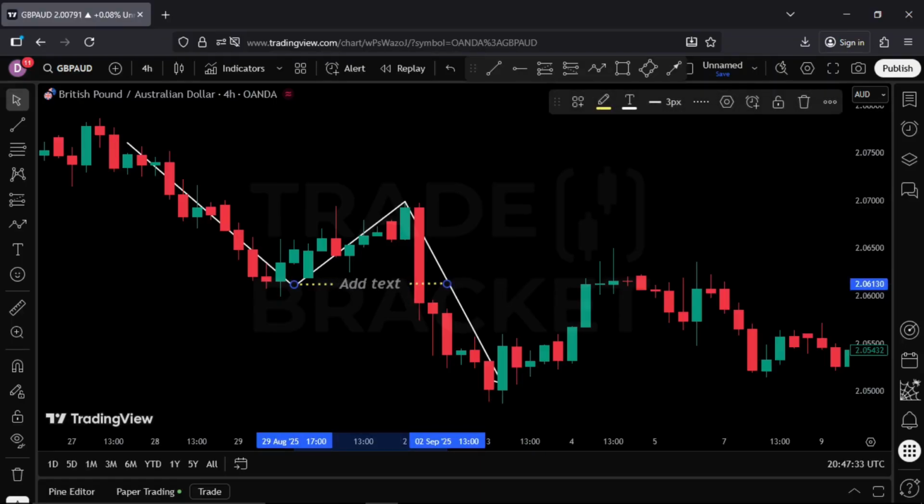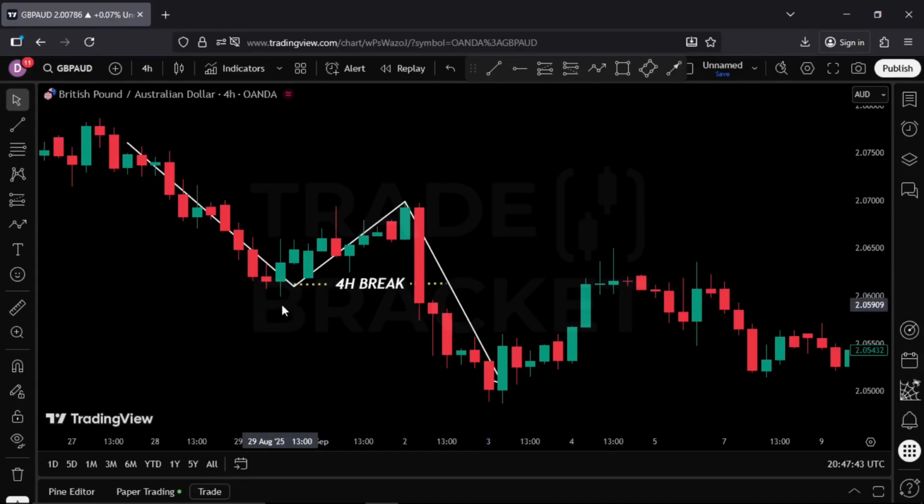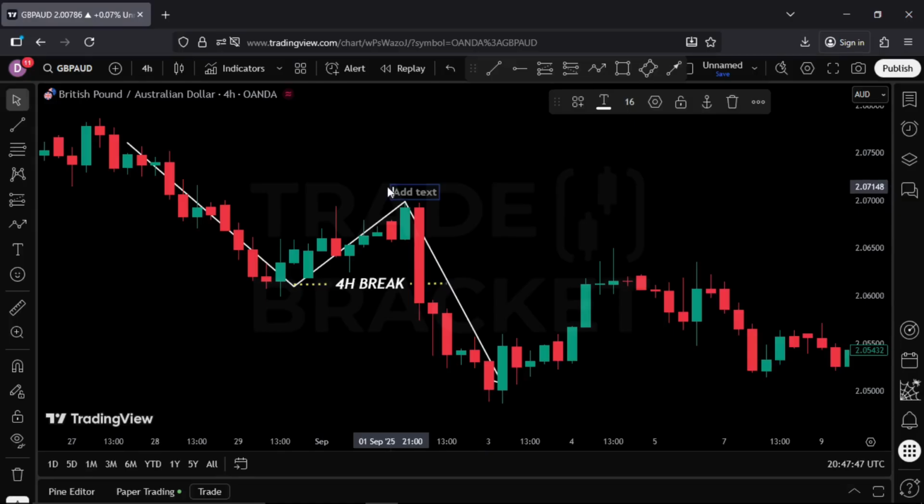So this right here is our 4-hour break, and right here is the 4-hour lower high. Then down here is the 4-hour lower low.